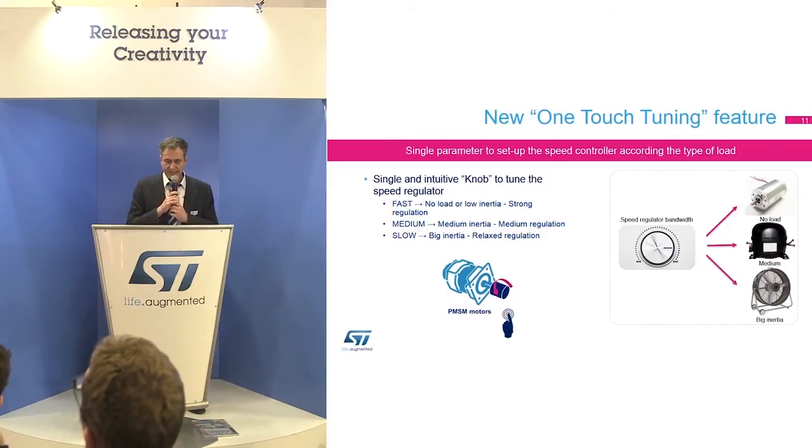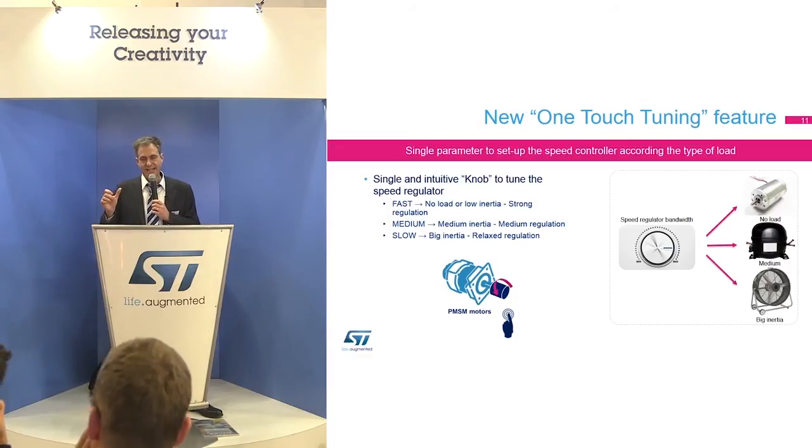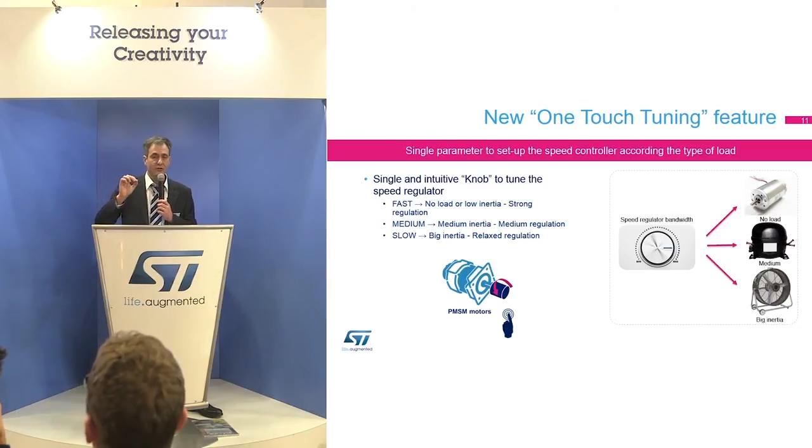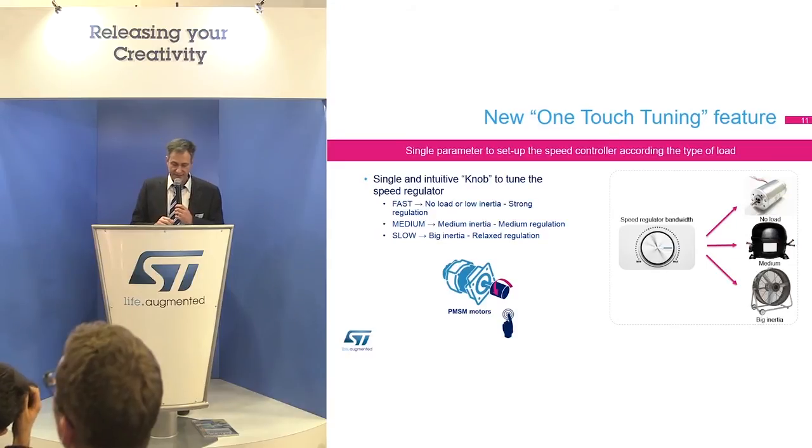We call this second part of the algorithm the one-touch tuning feature. This means that with a single parameter inserted by the user, it is possible to fine-tune the speed controller automatically, with automatic measurements done by the firmware.